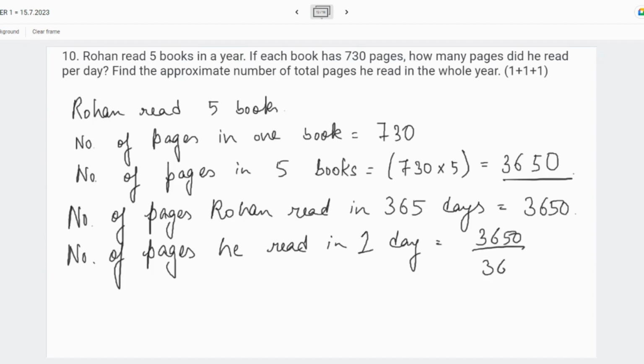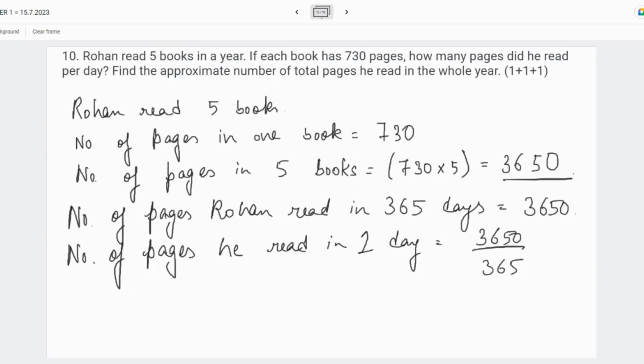Number of pages he read in one day, 3650 divided by 365. Why did I divide with 365? Because in a year there are 365 days, and it is said to find how many pages he read per day. I have to find the unit over here is day.